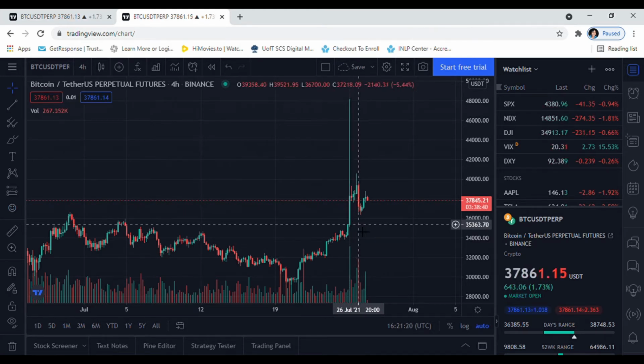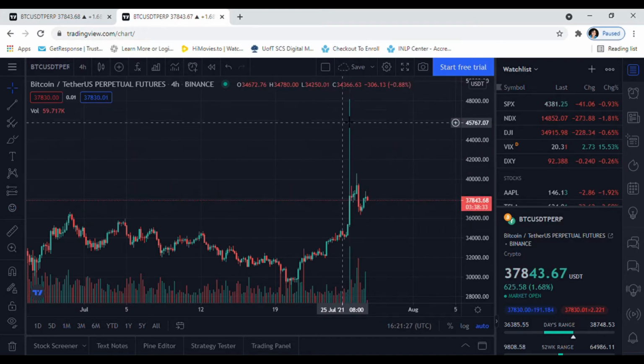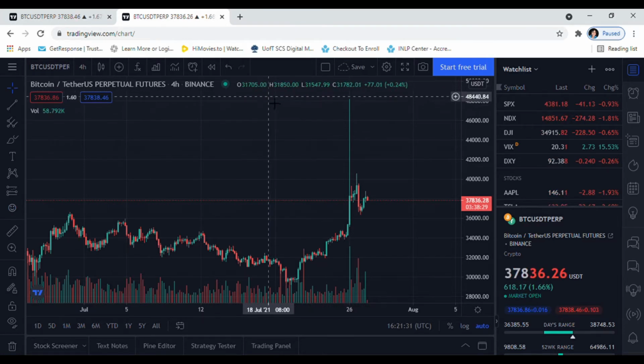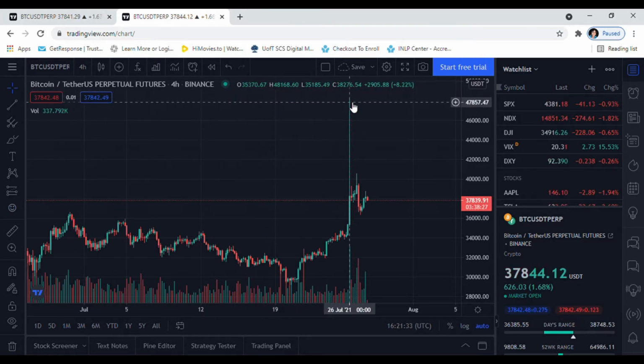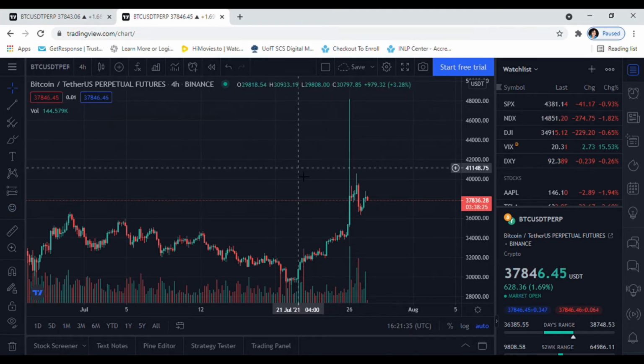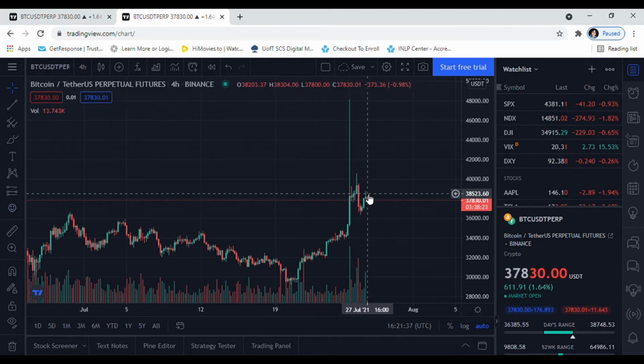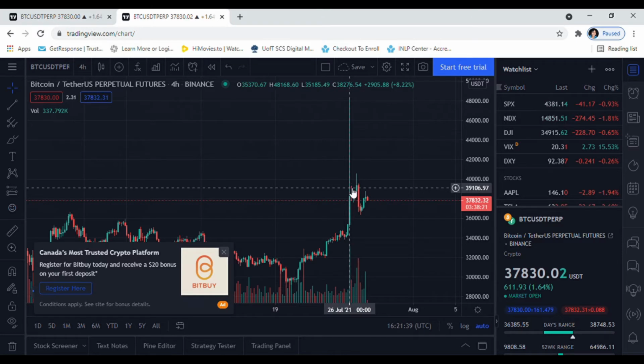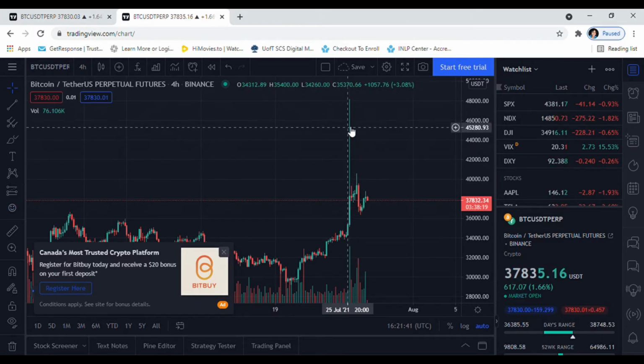So when I touch this candlestick, you can see at the top, there's a bunch of numbers and letters displaying, and it changes once you switch to a different candlestick.